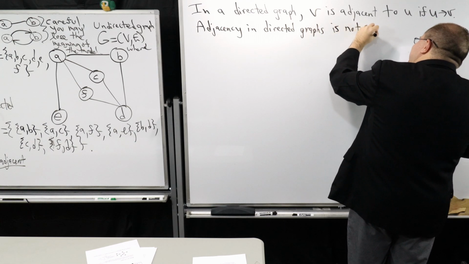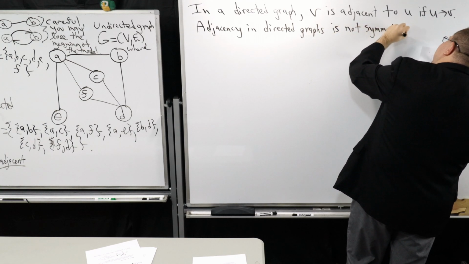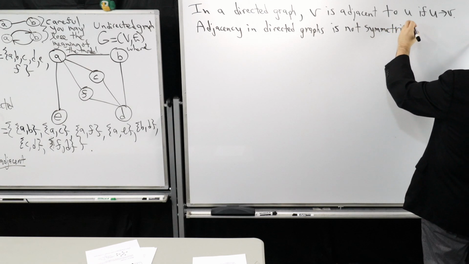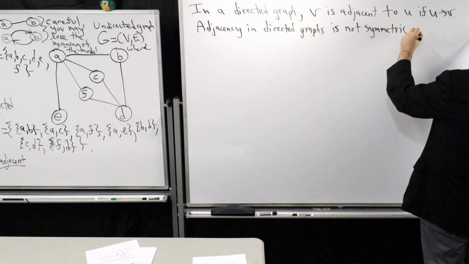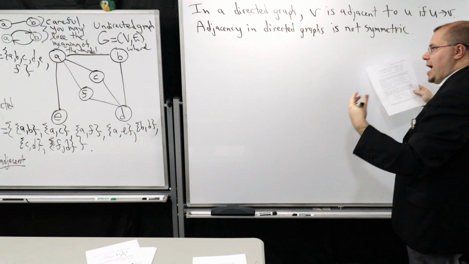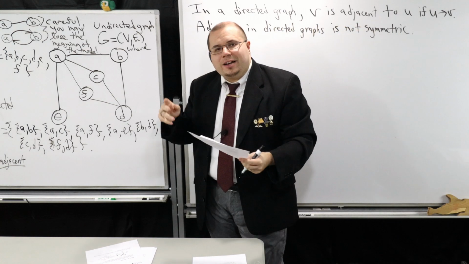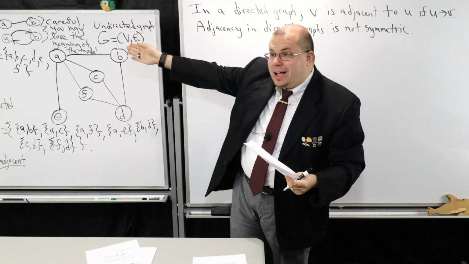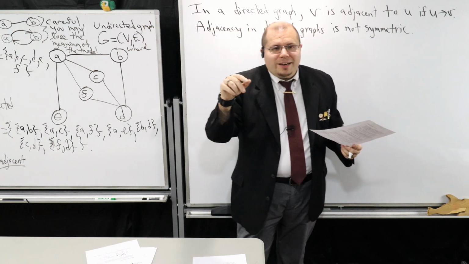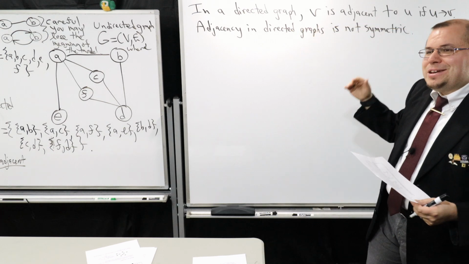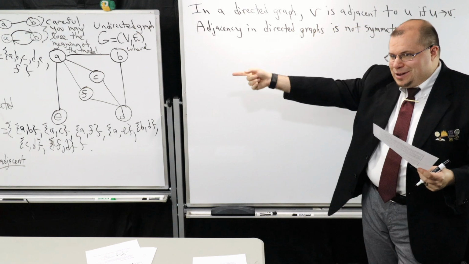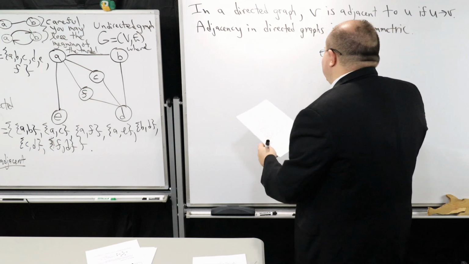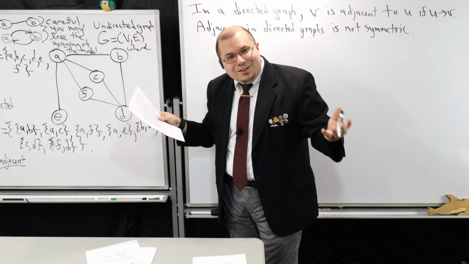Like I said, it depends on which way the arrow on the directed edge is pointed. If you want it to be symmetric, you need directed edges going in both directions. You have two directed edges, just like in my example over there, where I took that undirected edge and turned it into two directed edges. That's when you can say, oh, V is adjacent to U, or U is adjacent to V. That's literally how we're interpreting an undirected graph.